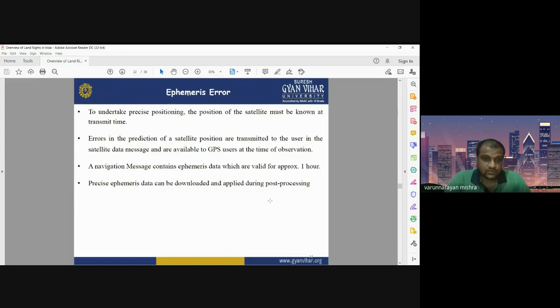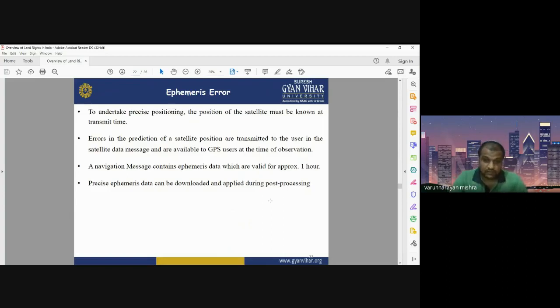Okay, so if sometimes we don't process our data set just after collecting the data from the ground, it may be possible that the ephemeris data will disappear from the GPS receiver. It is valid only for approximately 1 hour, because GPS satellites are continuously moving in the space, and the coordinates you collected on the ground are only related to the position of that satellite at that time.